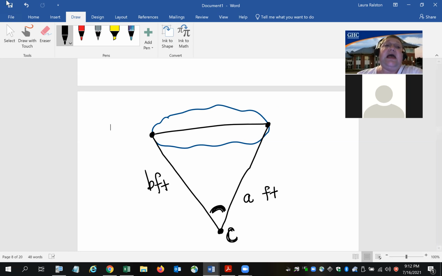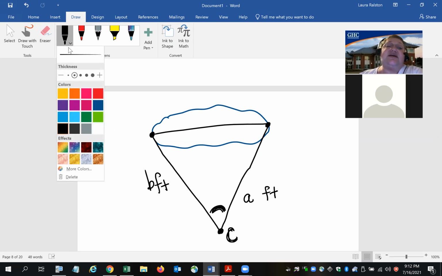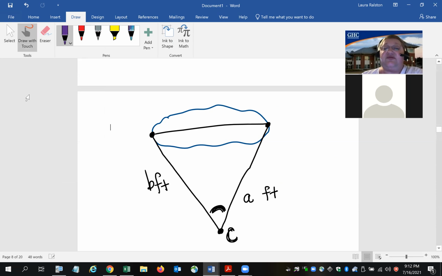Now, this question doesn't specifically say to use law of sines or law of cosines, so you have to recognize that basically they've told you that A is 950 feet, B is 800 feet, and angle C is a 65-degree angle.